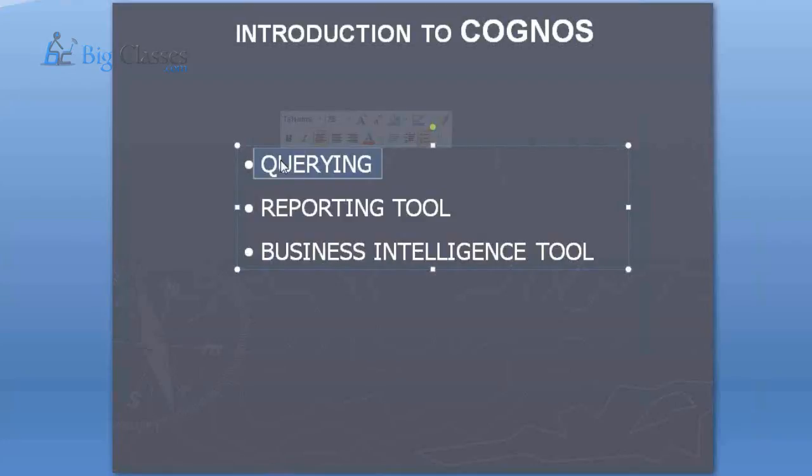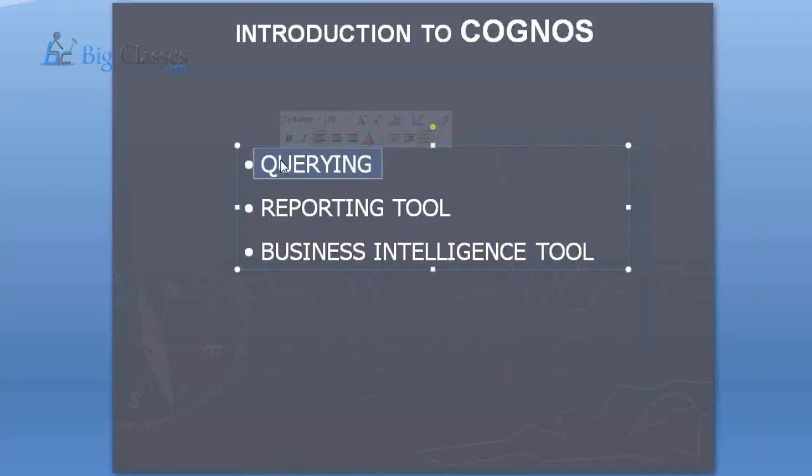Okay, three things. It prepares queries automatically. If we want to edit the SQL, we can edit. Or if we want to write it ourselves, we can write. That is why we call this a querying tool. And one beautiful thing with Cognos in this querying area is we can join heterogeneous databases into the same query.